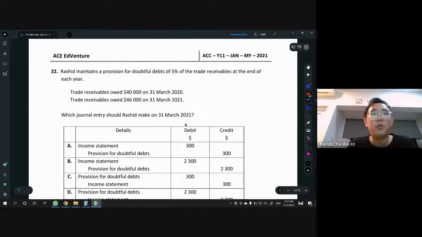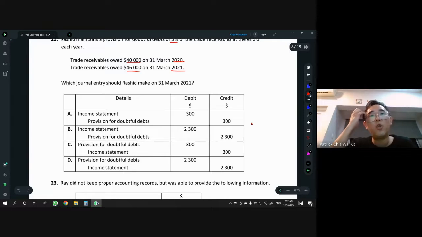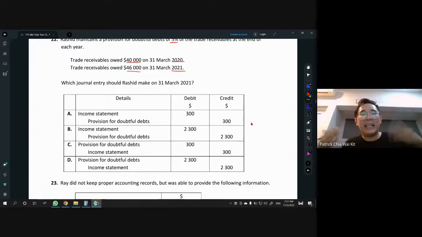All right, number 22. Rashid maintains a PFDD, provision for doubtful debt, at 5% of TR at the end of each year. So we have TR 40K in 2020 and then 46K in 2021. Which journal entry should Rashid make on 31st March 2021? To make this entry, they're talking about whether there is an increase or decrease in PFDD.